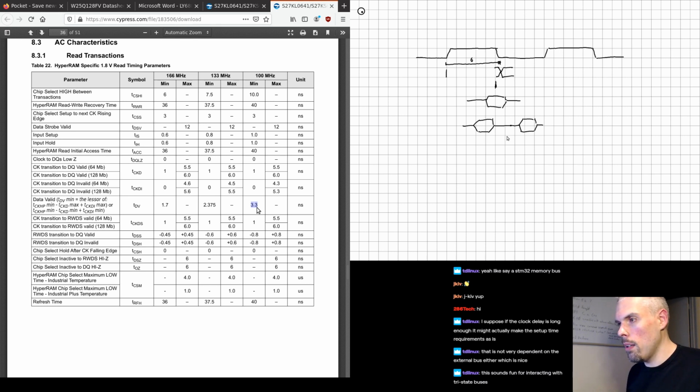Because the write timing, just like in SPI, is kind of guaranteed to work by design, because you generate the clock, so you're kind of the master, so you can guarantee that they work. You can guarantee the input setup and hold time for the write commands. So what you do is that you write, at boot, some pattern somewhere in memory, and then you try to read it.